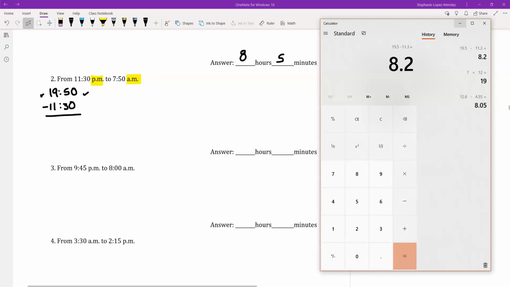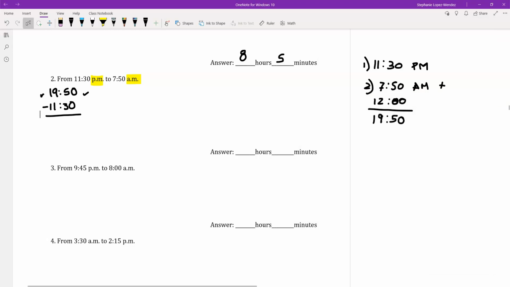That is 8.20. 8 hours and 20 minutes. So I rewrite that here, 8 hours and 20 minutes.